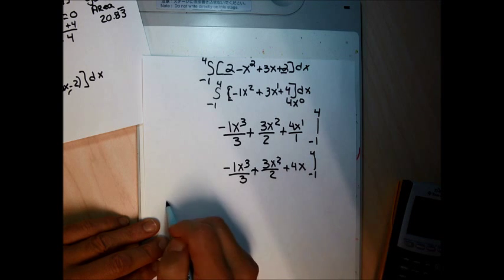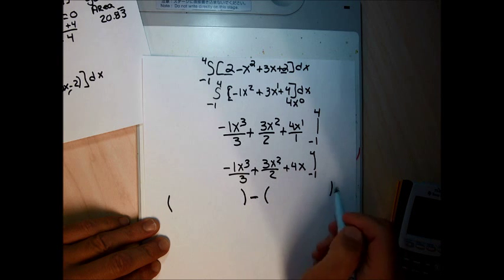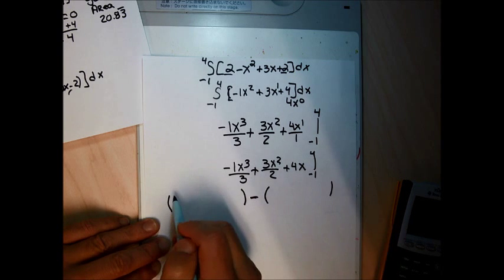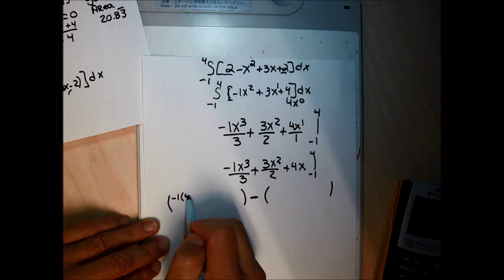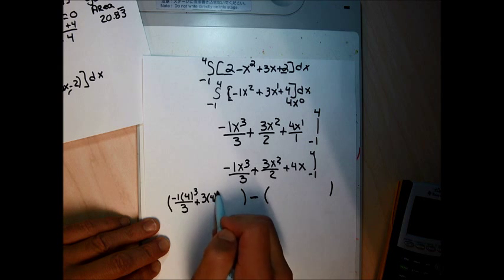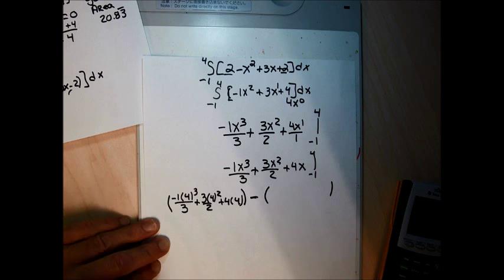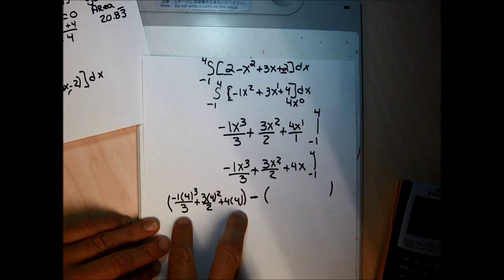Now I'm going to do my 2 evaluations, separated by a minus sign. The first number I'm going to plug in is 4. I'm going to go -1 times 4 cubed over 3 plus 3 times 4 squared over 2 plus 4 times 4. I'm going to get a fraction answer for this.